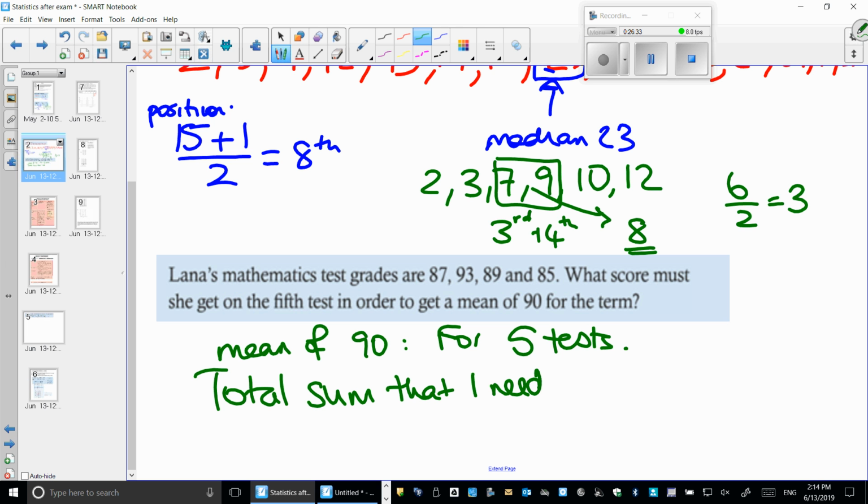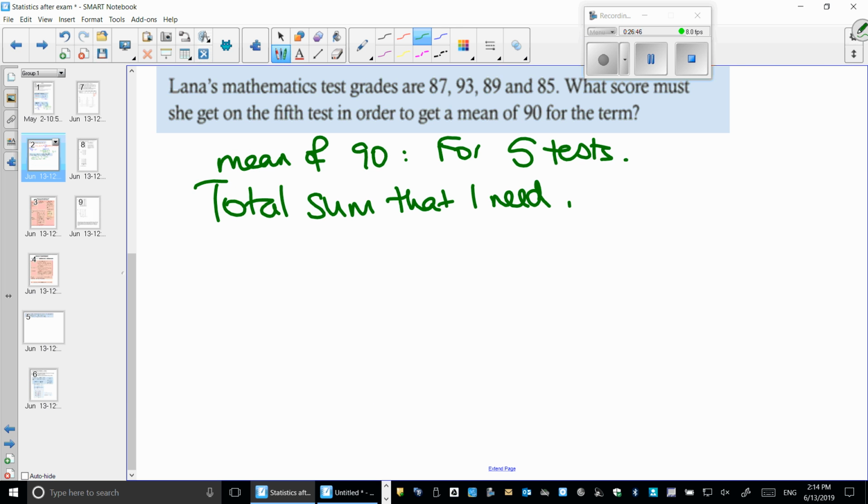So what's the total sum that I would need if I wanted to have a mean of 90 for 5 tests? You would have 90 multiplied by 5. So you would need a total of 450 for those 5 tests.